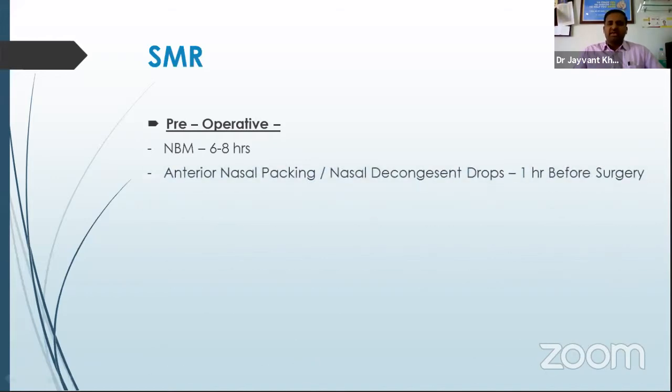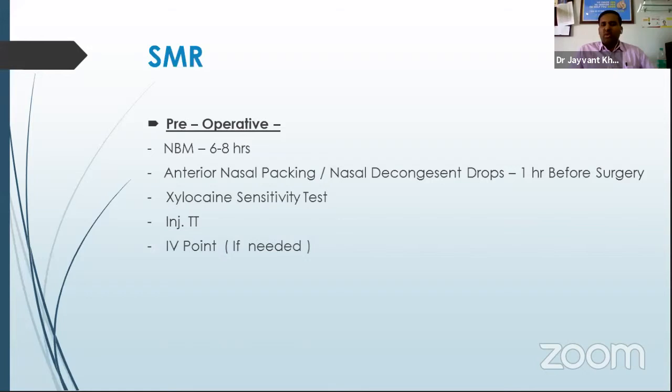Anterior nasal packing before 1 hour of surgery with 4% topical xylocaine and adrenaline. Or you can use nasal decongestant drops at 10 to 15 minute intervals 1 or 2 hours before the surgery. Xylocaine sensitivity test, injection TT, and IV line if needed.